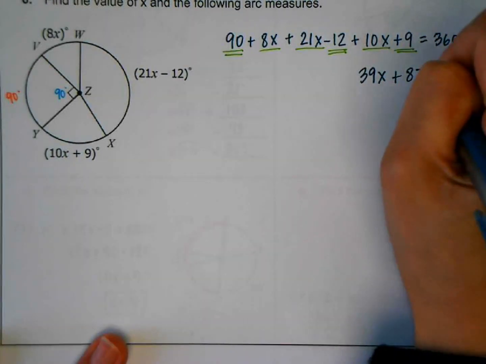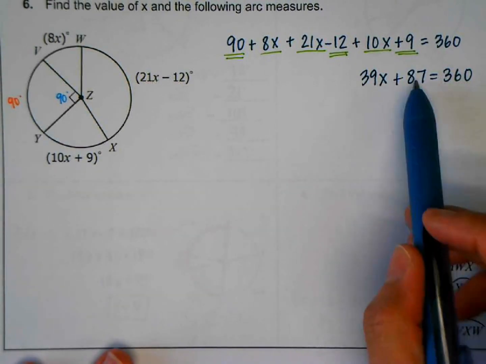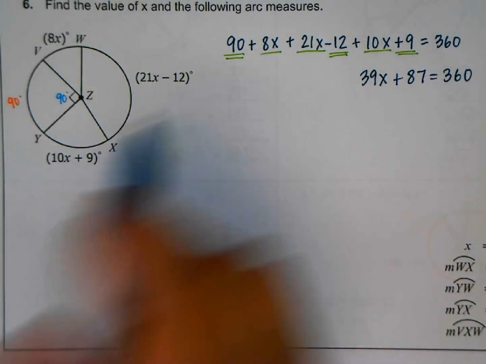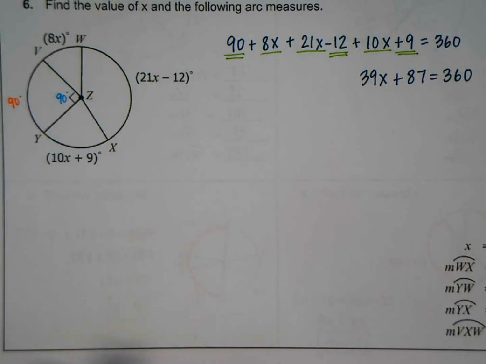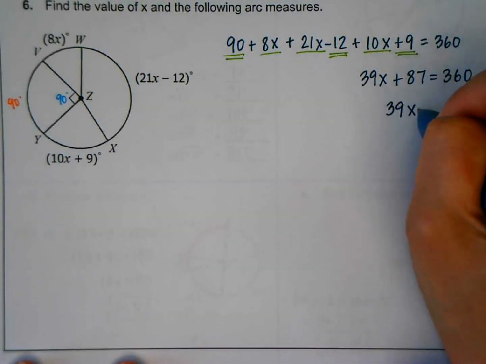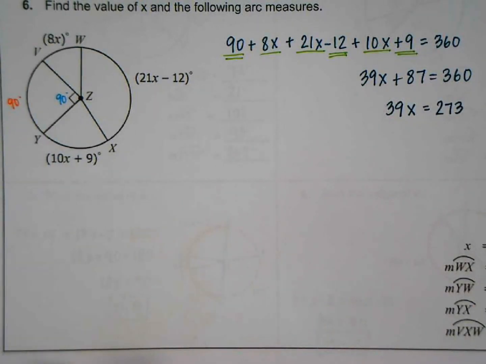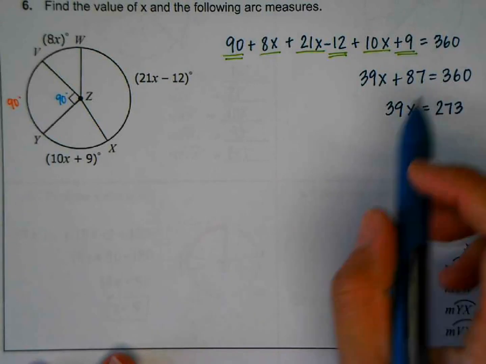Subtract both sides. 360 minus 87. Divide both sides by 39. x is equal to 7.